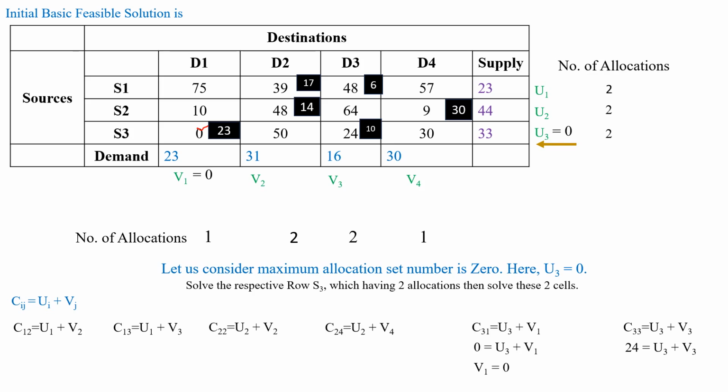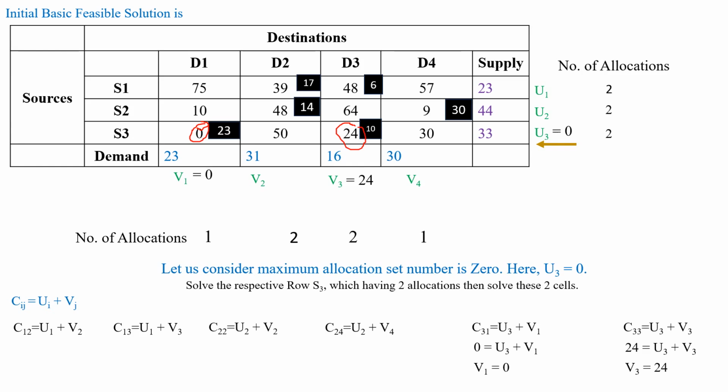Next we look at the other allocated cell, that is the S3 row and D3 column. Here its cost value is 24, so C33 equal to 24, and we know the relation C33 equal to U3 plus V3. Substituting the U3 value as well as the C33 value, we get the V3 value, that is 24.